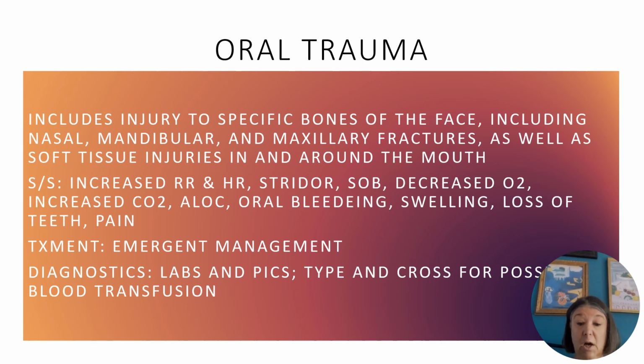All right, so we're moving on to oral trauma. Oral trauma includes injury to specific bones of the face. This can be nasal, mandibular, maxillary fractures, soft tissue injuries around the mouth. Severity of injuries range from minor soft tissue to complicated fractures, and usually the result of blunt or penetrating injuries.